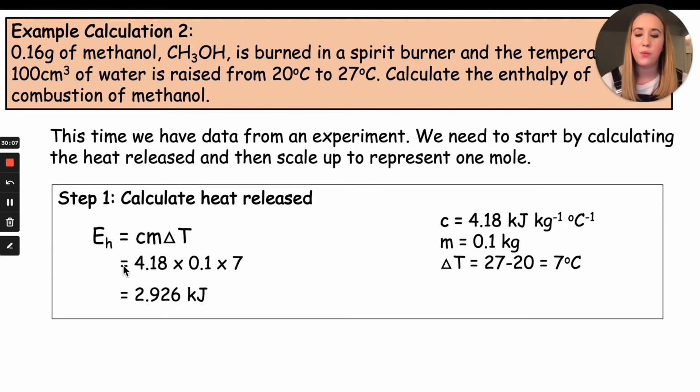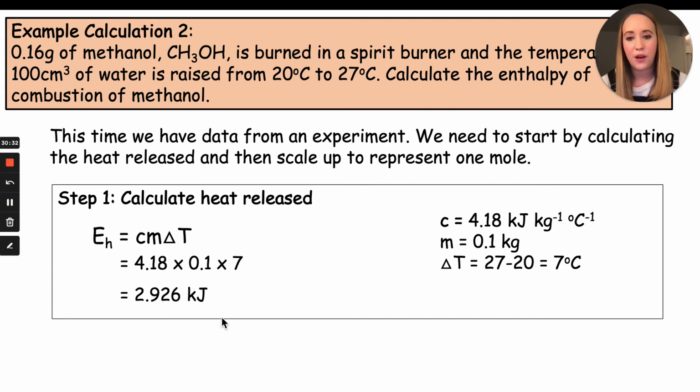So then we're just going to put those numbers into our equation. So it's going to be 4.18 times 0.1 times 7, and that gives us 2.926 kilojoules. So that is the amount of energy released from burning the 0.16 grams of methanol.